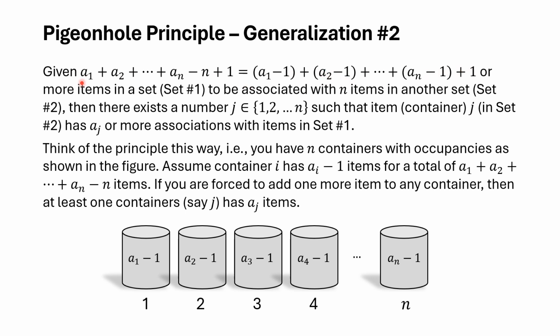So that's the number of items in set 1, and each item in set 1 is to be associated with one element in set 2, which we'll represent as containers. And set 2 has n elements.